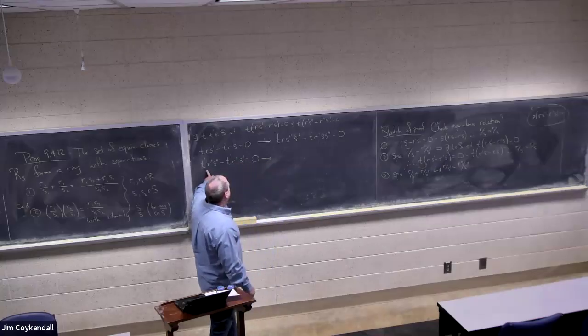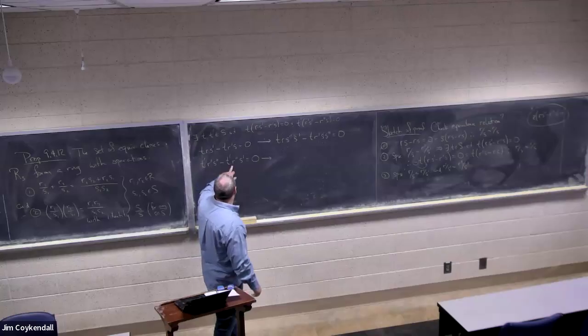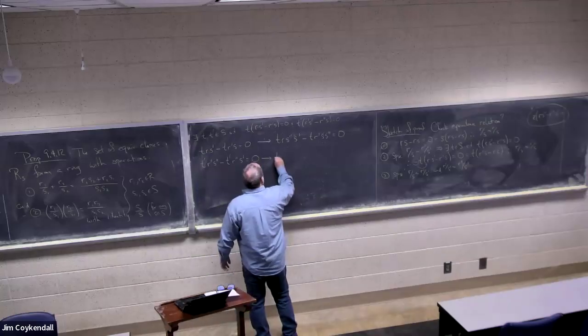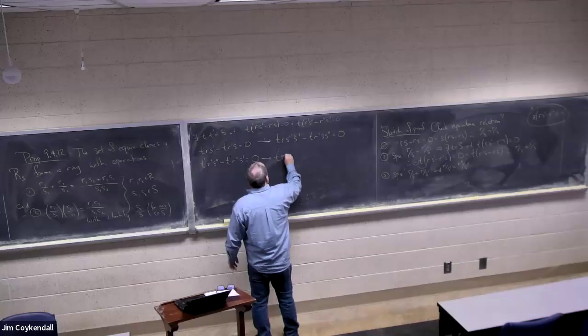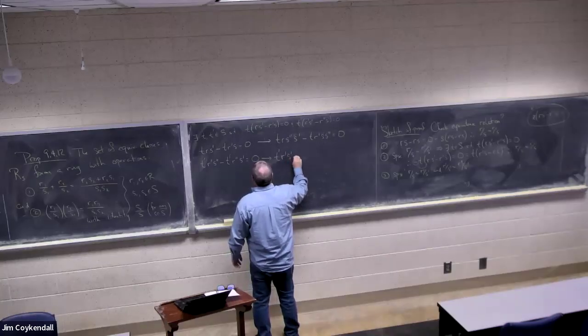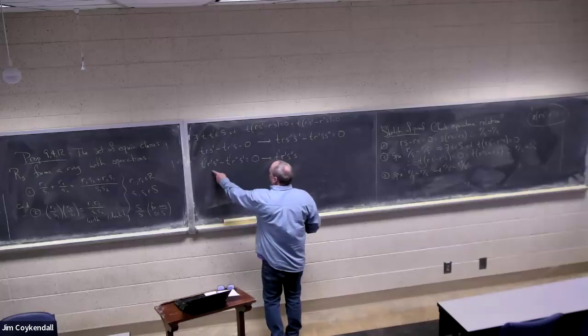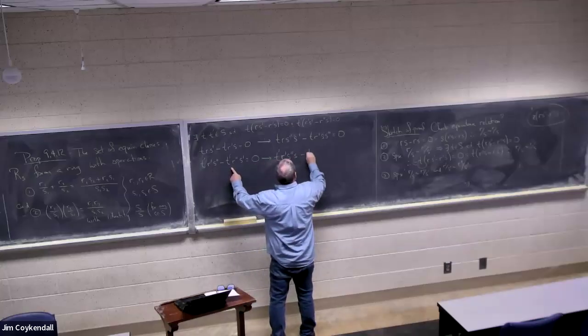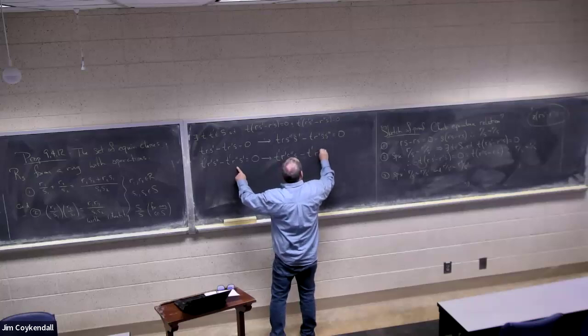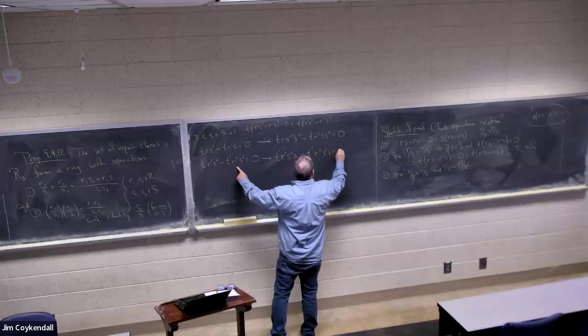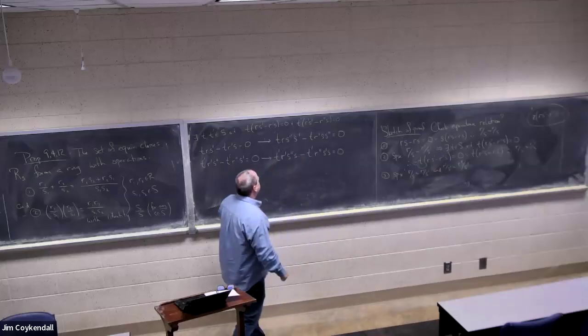And then what did I need? I need also an R double prime hooked up to my S, so I'm going to need an S here. T prime R prime S double prime S minus T prime R double prime S prime S is 0.